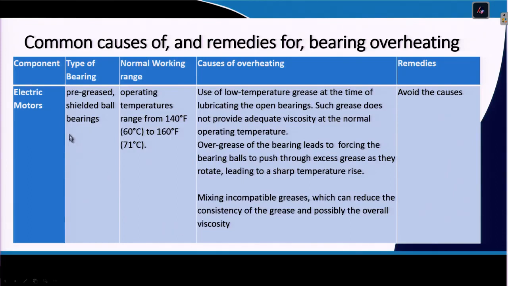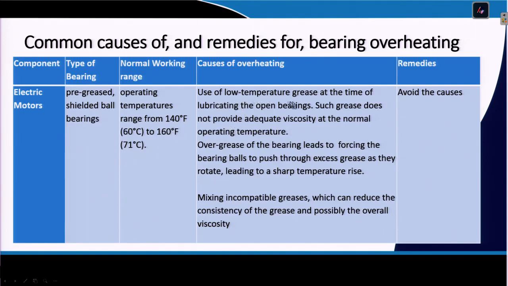changed. So, in electric motors, there are also bearings, and then the motor shaft which is running over there. The normal working range of the temperature is 60 degrees to 71 degrees centigrade.